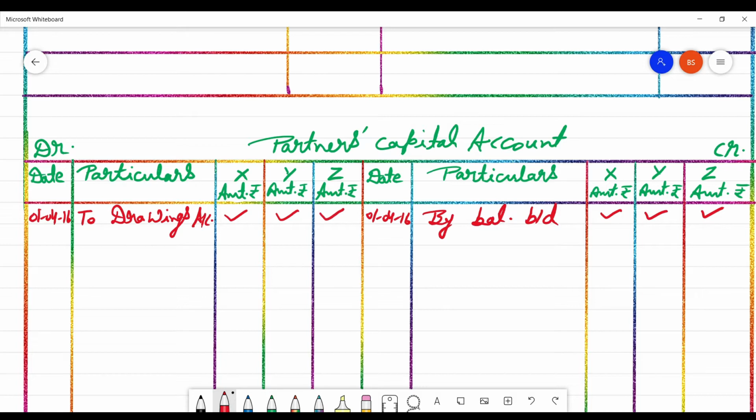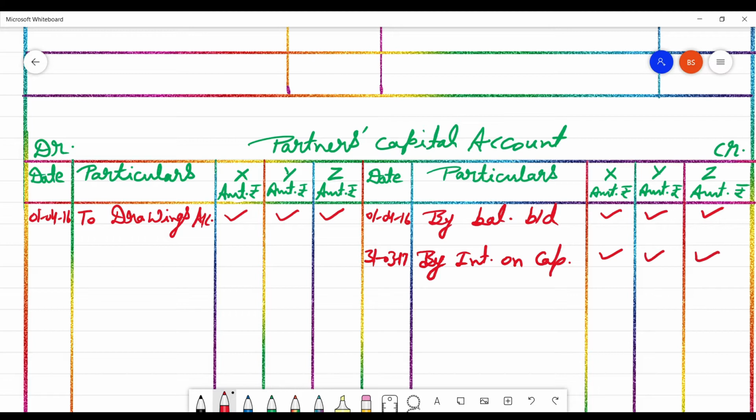After that, we will solve the adjustments, and in the adjustments, interest on capital is given. We will write it on the credit side of the partners' capital accounts, "By interest on capital".